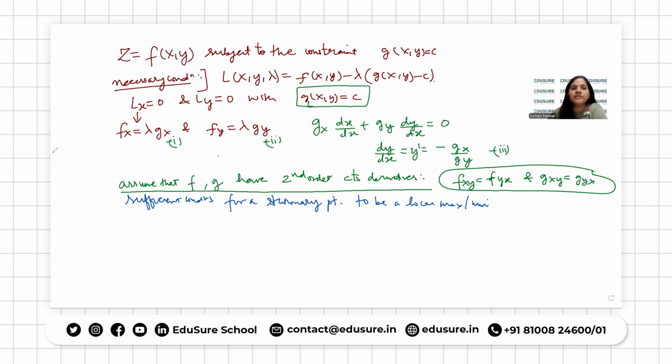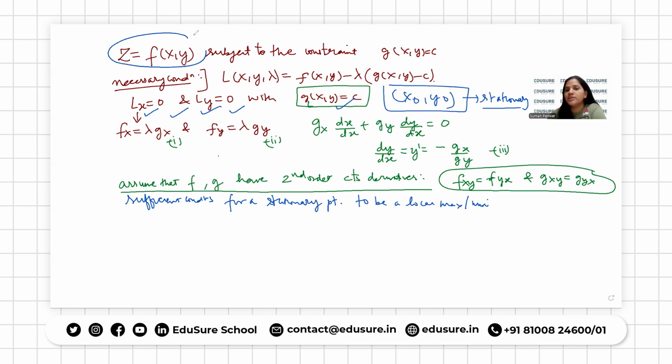Here, we put Lx equals 0 and Ly equals 0, and the point x0, y0 obtained by solving these is called the stationary point of this problem, where we have to optimize a function of 2 variables subject to an equality constraint. So basically, this is what is happening.